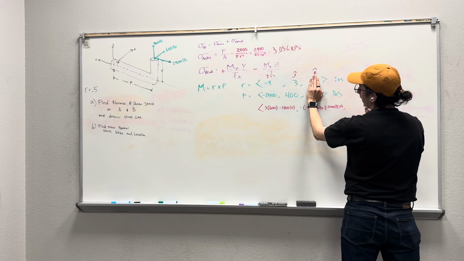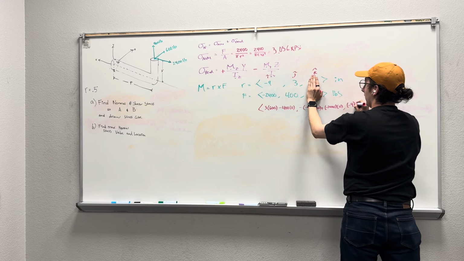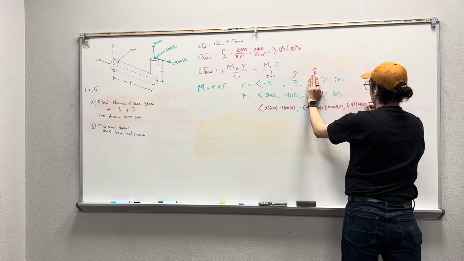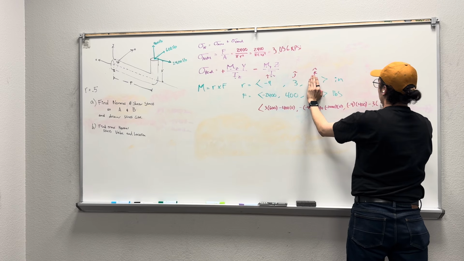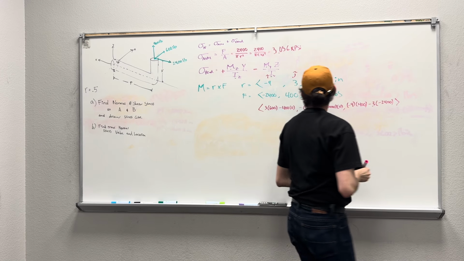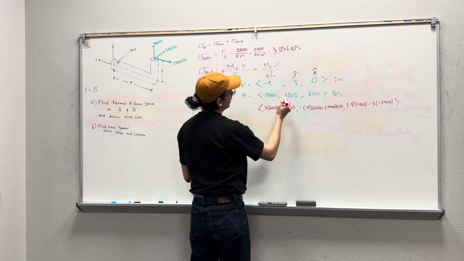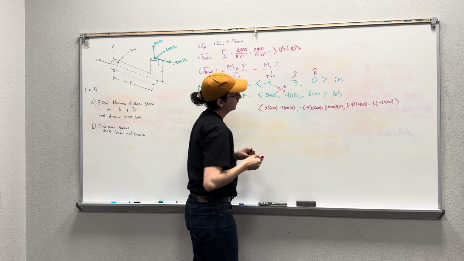Last, for K, I'm going to get -9 times 400 minus 3 times -2400. Again, what I'm doing is that being plus and that being minus.